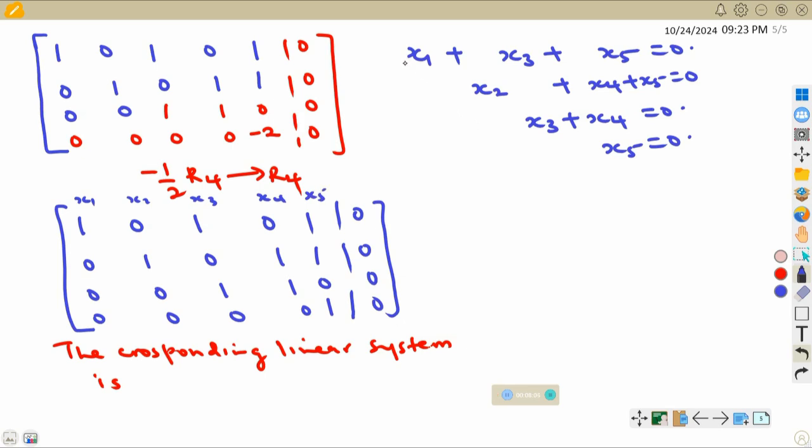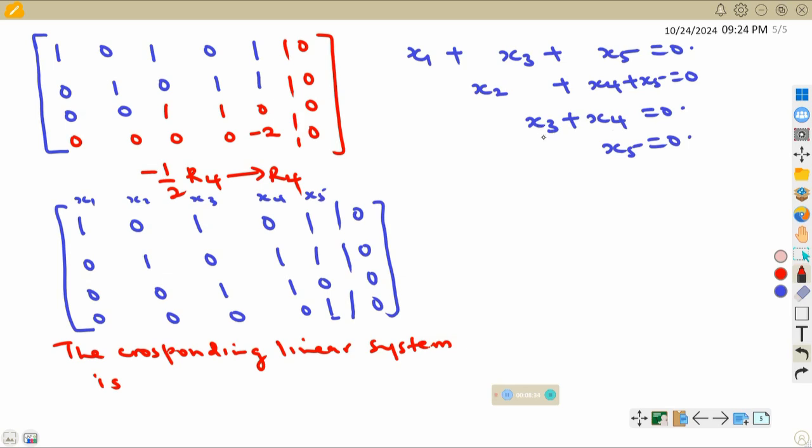So that is x1 plus 0 x2 plus x3 up to x5 is equal to 0. Then x2 plus x4 plus x5 equaling 0. Then x3 plus x4 equaling 0. Then x5 is equal to 0. So from here, we already have x5 as 0.